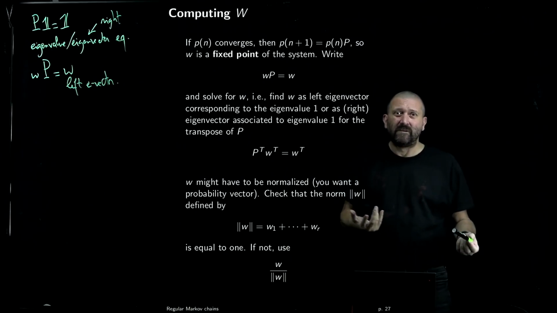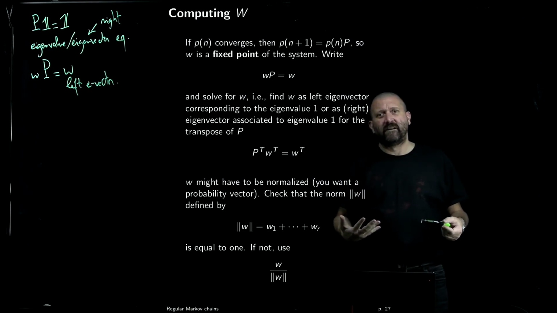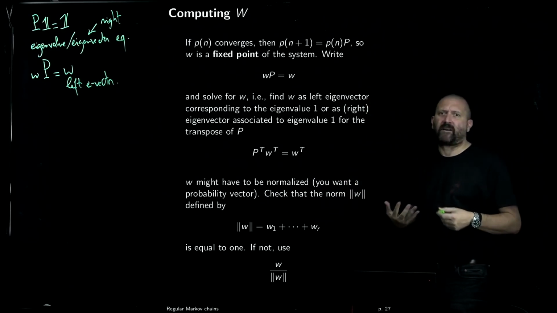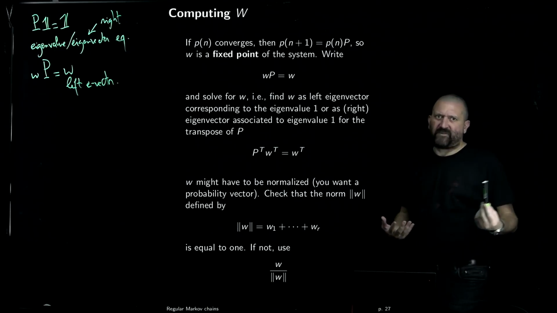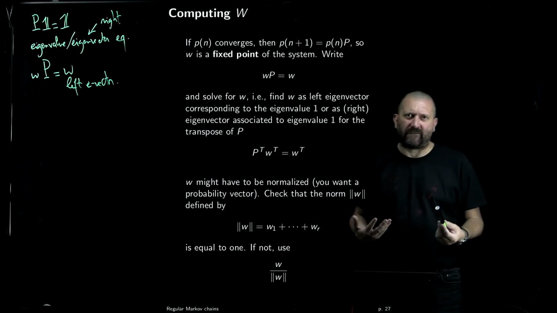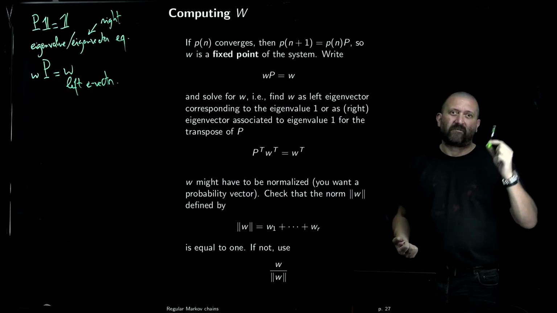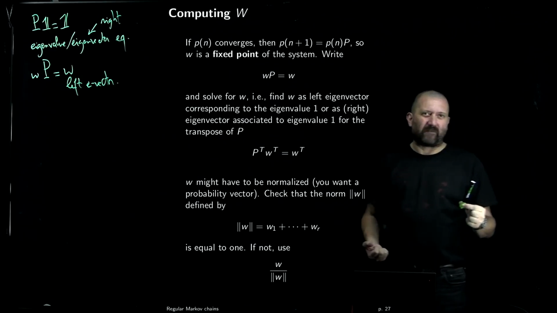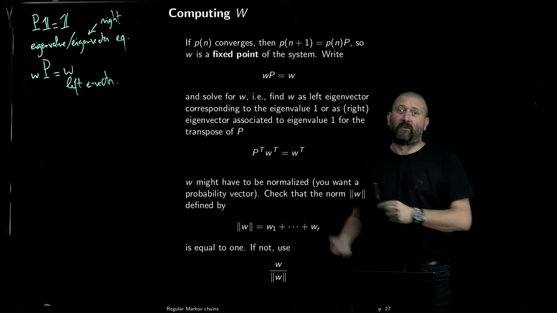It's quite simple. I have a matrix, my transition matrix, and all I need to do is find the left eigenvector of this. And I will just point out that, and I've said that before, but I'm repeating it here, if your solver doesn't know how to do left eigenvectors, well, the left eigenvector is simply the right eigenvector of the transpose.